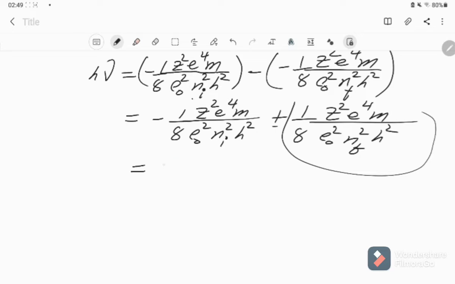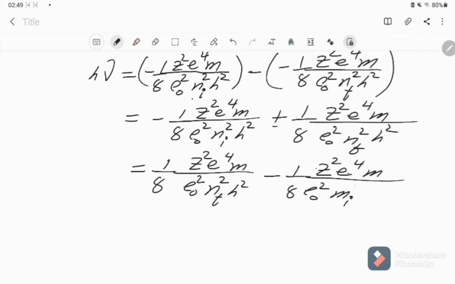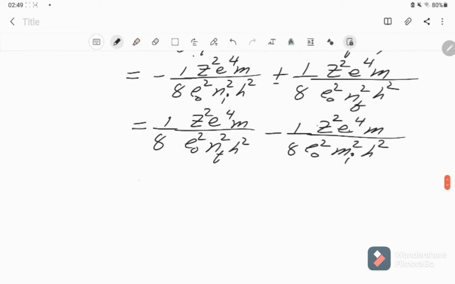So 1 by 8, Z squared e to the power 4 m over epsilon naught squared n_F squared h squared, minus 1 by 8, Z squared e to the power 4 m over epsilon naught squared n_i squared h squared.